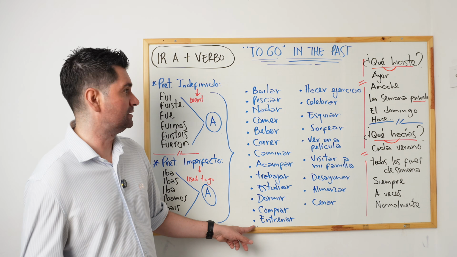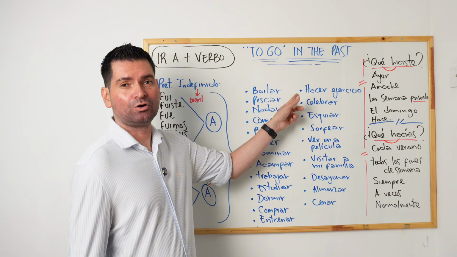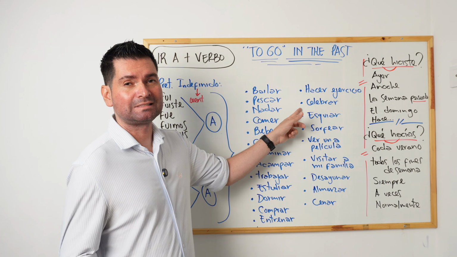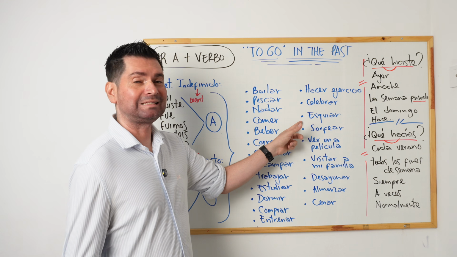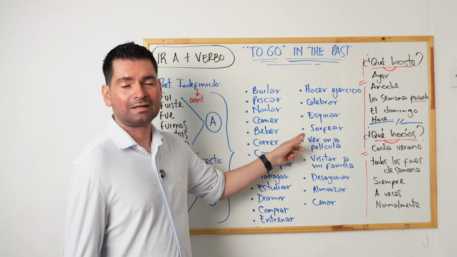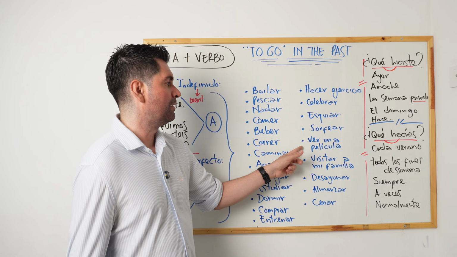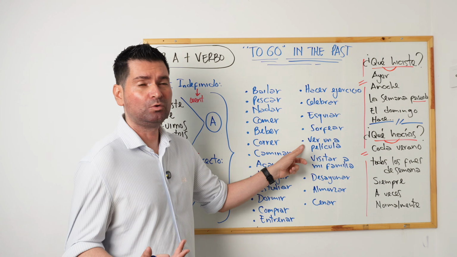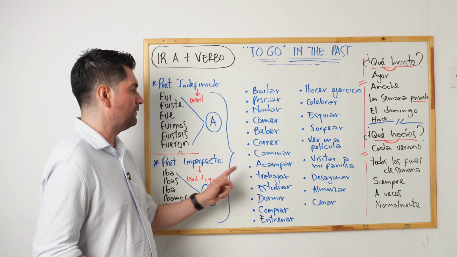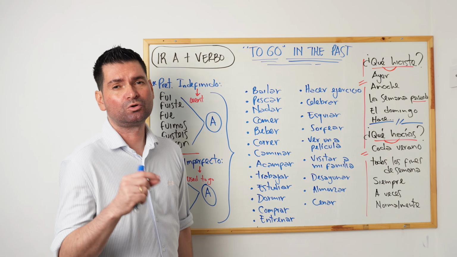Entrenar, train. Hacer ejercicio, workout, exercise. Celebrar, celebrate. Esquiar, skiing. Surfear, surfing. Ver una película, watch a movie. Fui a ver una película, I went to watch a movie. Iba a ver una película, I used to go watch a movie.